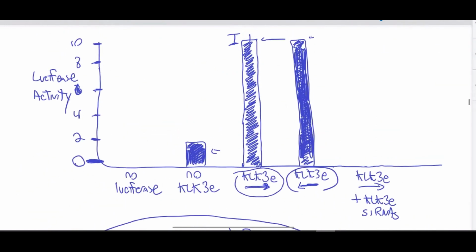So what they found, however, when they added siRNAs with the plasmid, and the siRNAs are complementary to the RNA made from the KLK3 enhancer, is that we get much less transcription of the luciferase gene in the plasmid.